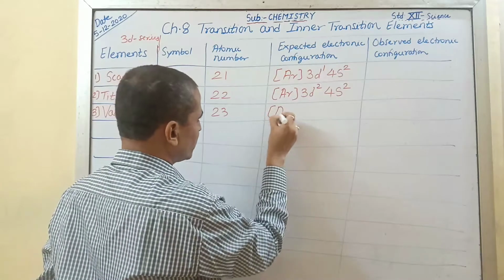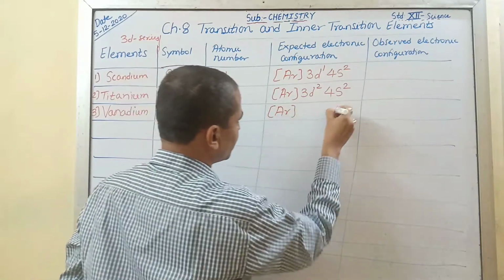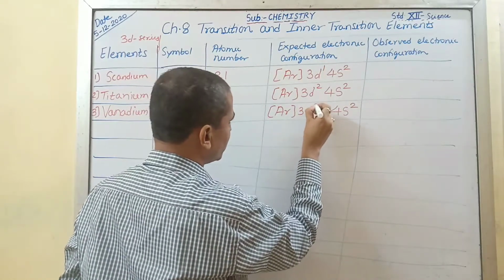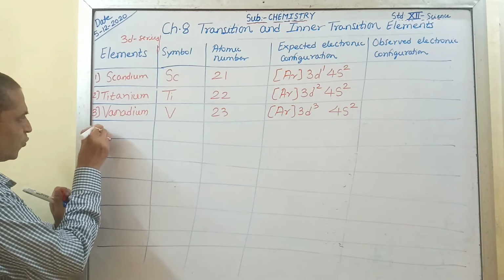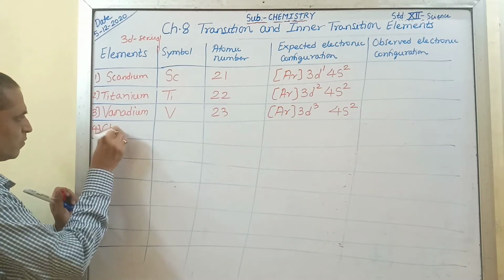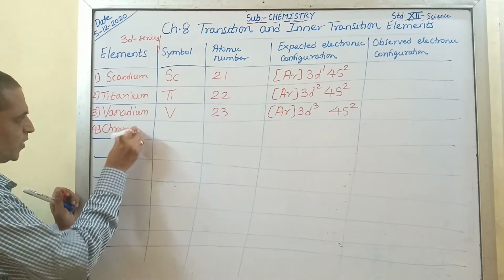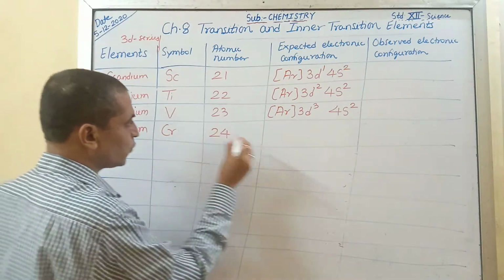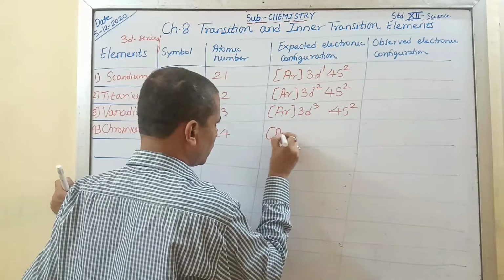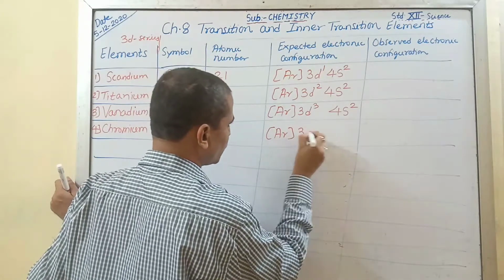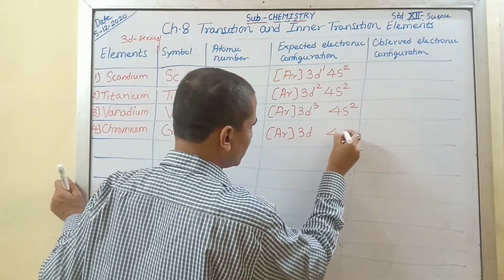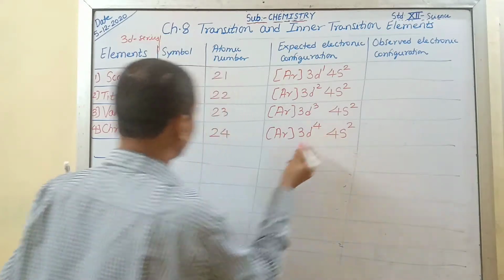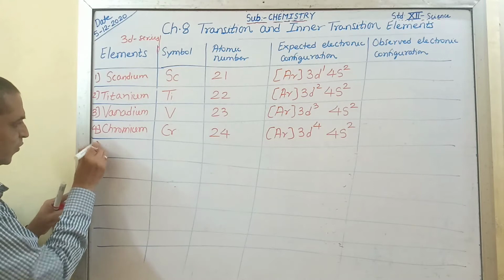Here first I write argon, 4s2, and it becomes 3d3. See the fourth one, chromium, symbol Cr, atomic number 24. First you write down argon, then 3d, and 4s2. The last electron enters the d subshell, so it becomes 3d4.